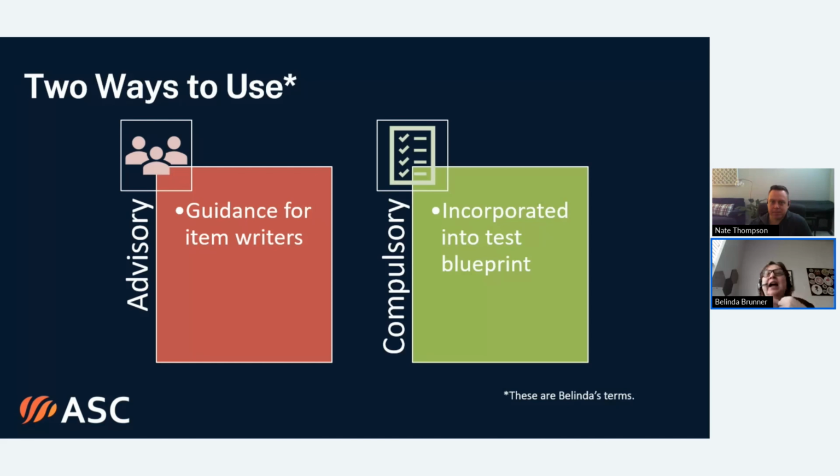It's a guidance for item writers, particularly for new item writers who may be new to writing test items. It's much easier to write at the recall level, right? You can just look something up in the book and change the statement from the book to a question.